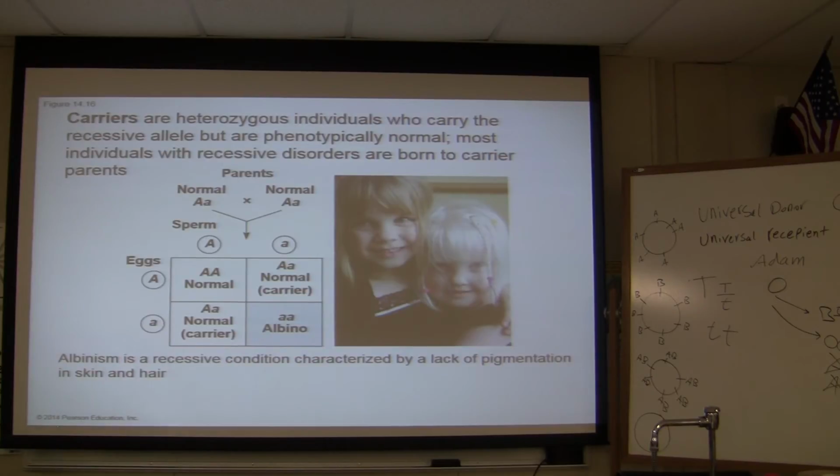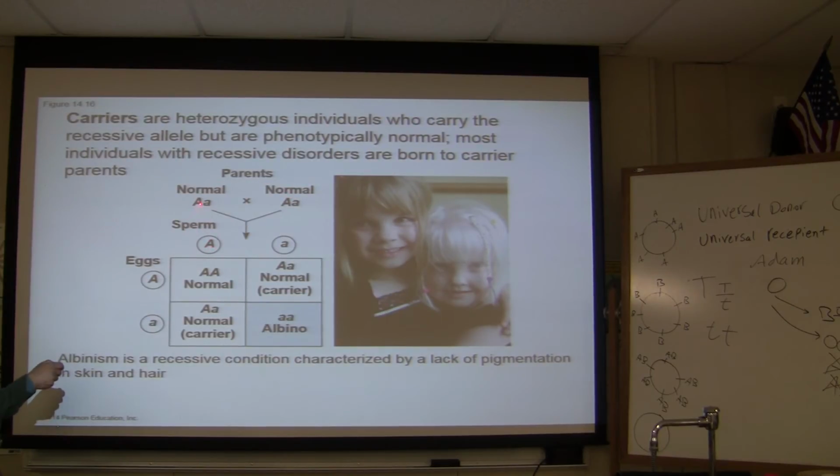Okay, another thing is albinism. This is a brother and two sisters. They are albino. The parents are normal, but they're carriers. This father and that mother are carriers.